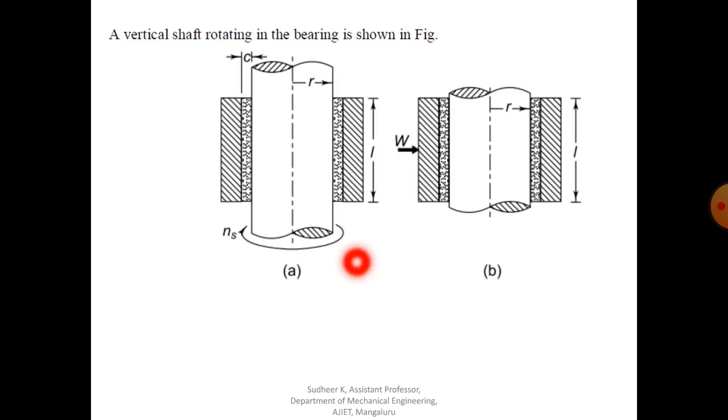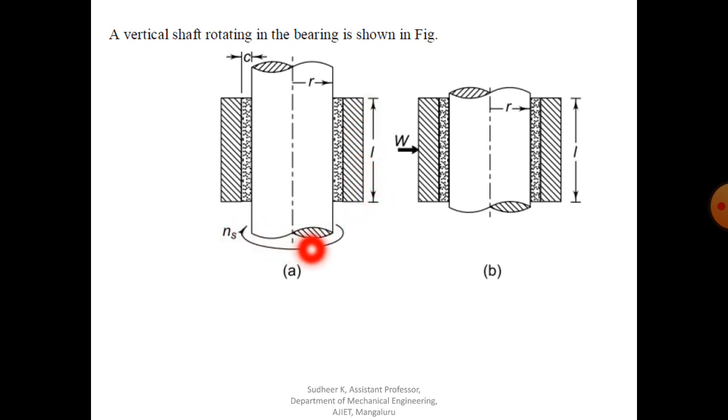You can see here in the previous diagram, this is R, the radius of the journal, and small d is the diameter of the journal. L is the length of the bearing, which should be in millimeter.